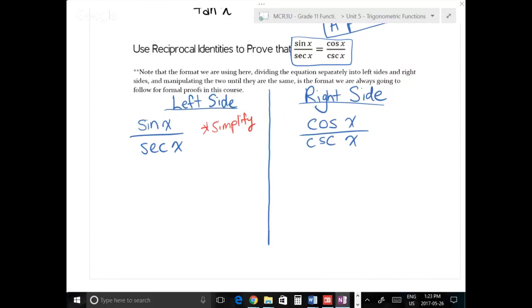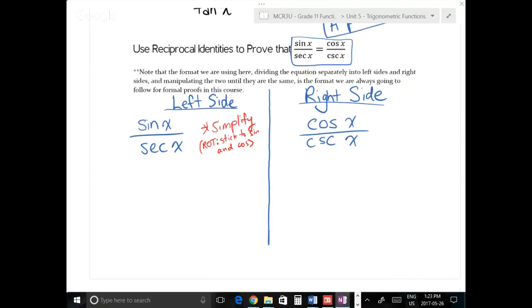The x is going to stay there. The secant. I'm going to put ROT for rule of thumb. Stick to sine and cos. As much as possible, we want to get rid of anything that isn't sine or cos.